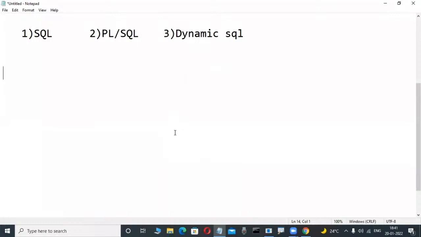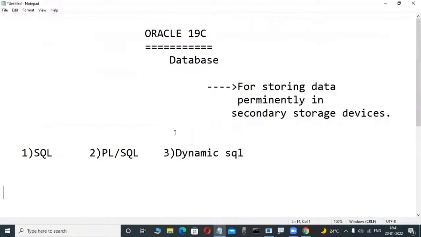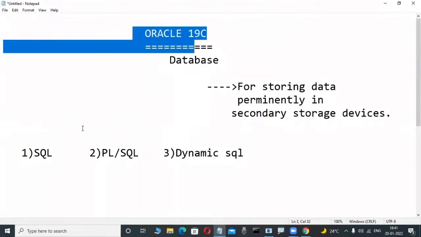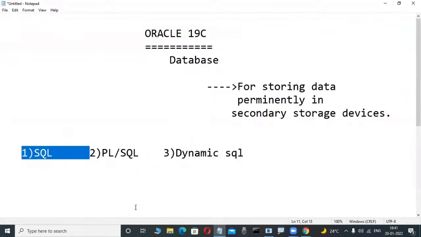SQL is conceptually the same in every database: what is a table, a procedure, a view, joins, subqueries, constraints. Conceptually the same, but syntactically totally different, and functions are also totally different. That's why in our class we are learning the Oracle SQL language. Understood?